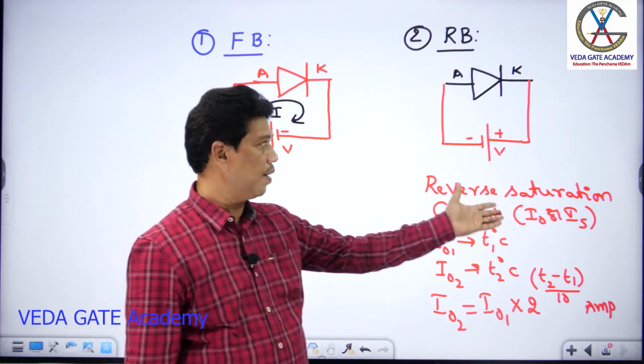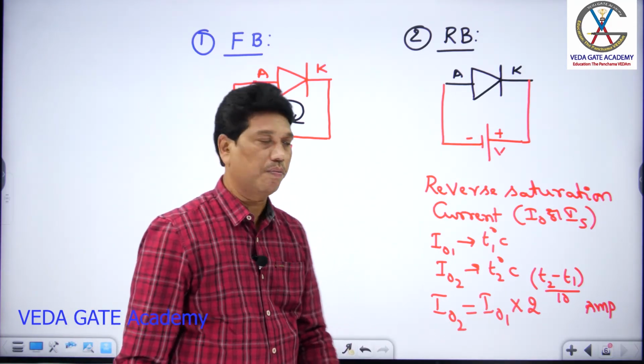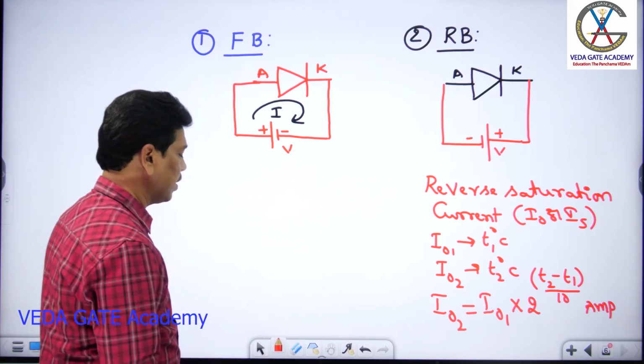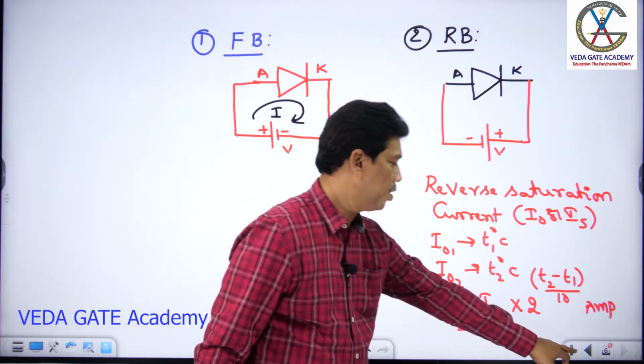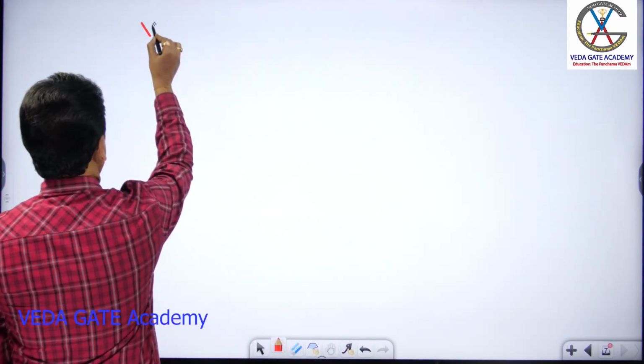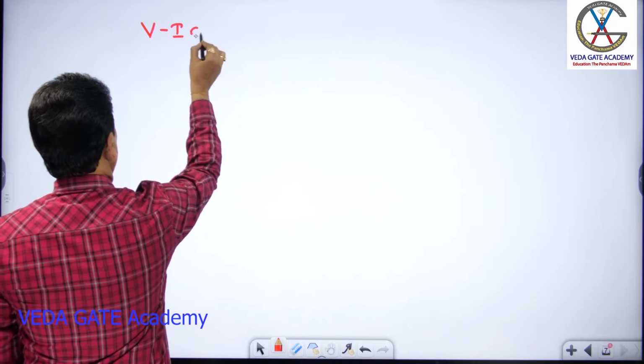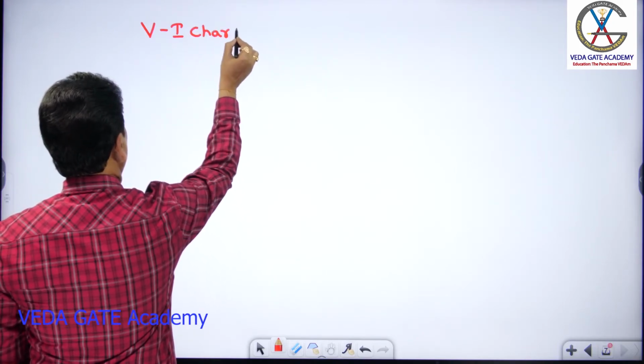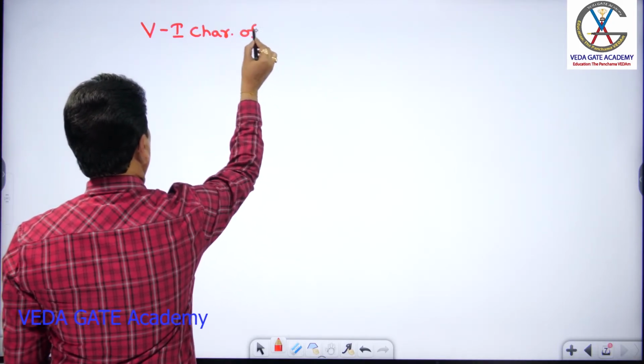So what are the VI characteristics of a diode for both forward and reverse bias? The VI characteristic may come like this. This is the VI characteristic of a diode.